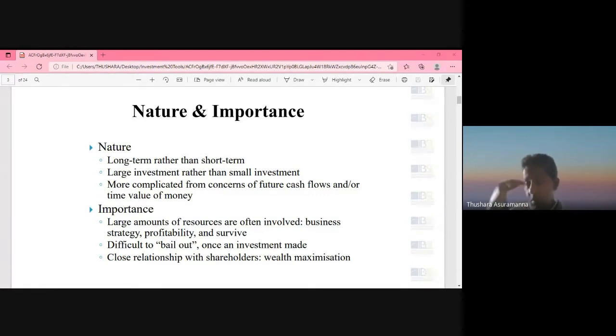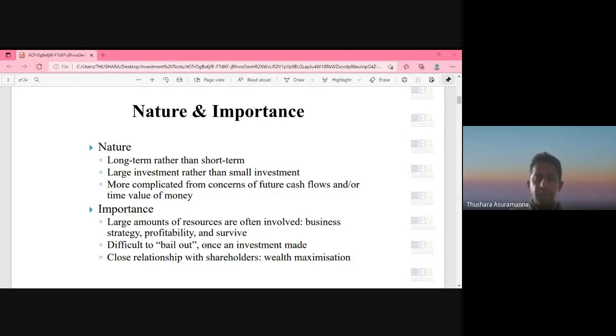It's not a long-term oriented investment. But when you purchase a land, an estate, a factory and go to the next level, it means it's a big amount or a survival strategy related issue of the company, and that will have an impact on the wealth of the company. So when you take the wealth of the company, obviously shareholders will have an interest.